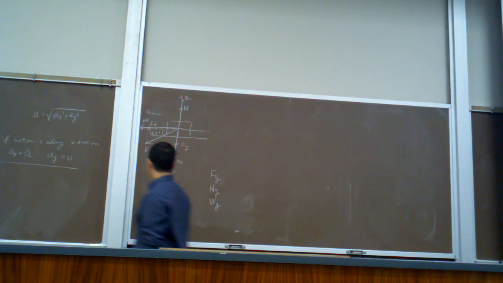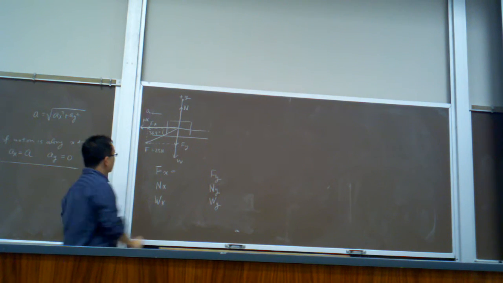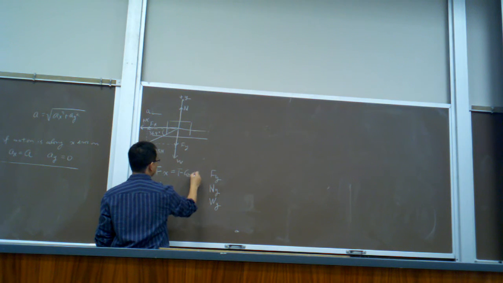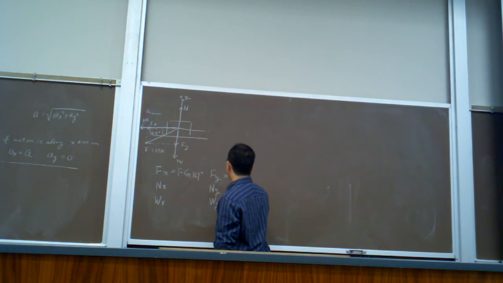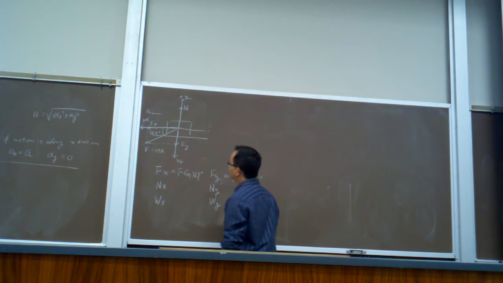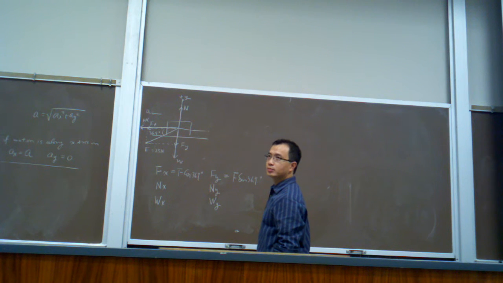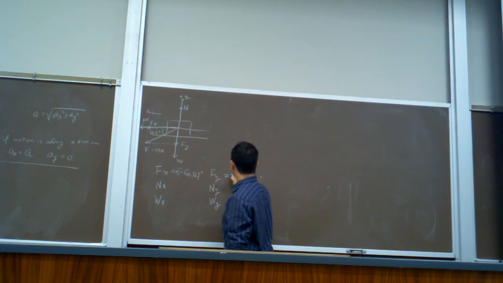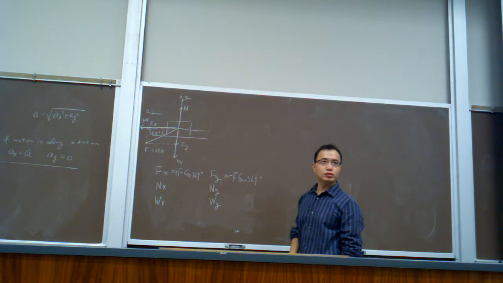What is Fx? Give me the expression. It will be F multiplied by cosine 36.9 degrees. And Fy is F multiplied by sine 36.9 degrees. Am I correct? Or negative. Sine, this is positive, this is negative. Don't forget to check the sign.